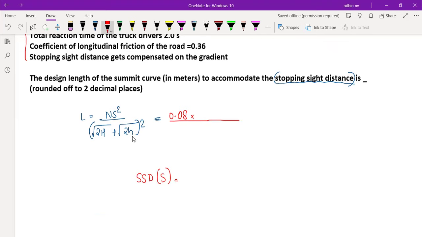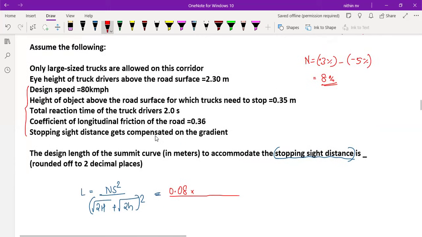Now let's talk about capital H and small h. Capital H is nothing but the height of eye level of the driver, which is given in the question as 2.3 meter. This is our H value. Small h is nothing but the height of the obstruction, which is 0.35, given in the question.